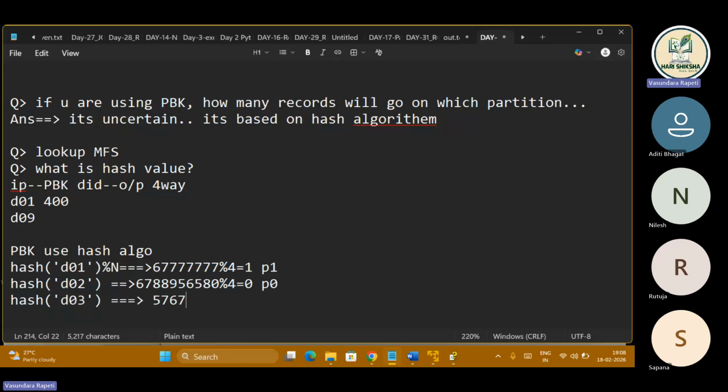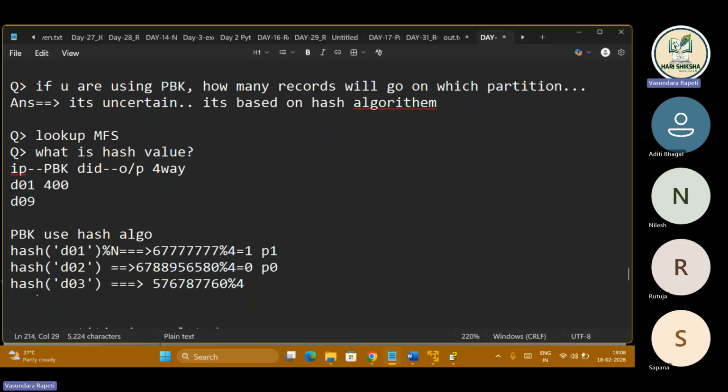It was different, something like this. But the last is 60, modulus 4, yeah, 0. This also will go to the 0 port. So these two keys are going to the 0 port. So it is not certain in PBK how many records will go to 0 port, how many to 1 port, 2 port, 3 port. It depends on the hash algorithm.